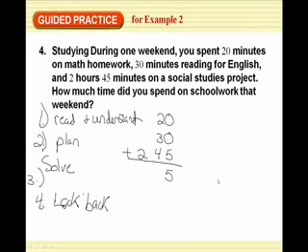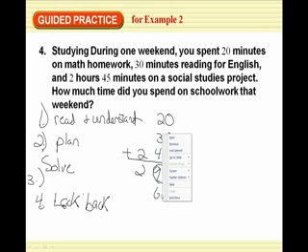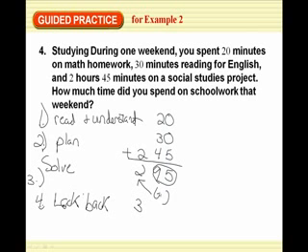95 minutes right here, 2 hours and 95 minutes. So I know that in 95 minutes, 60 of those make an hour. So if I take out 60 of those and add them to this, that would be 3 hours.